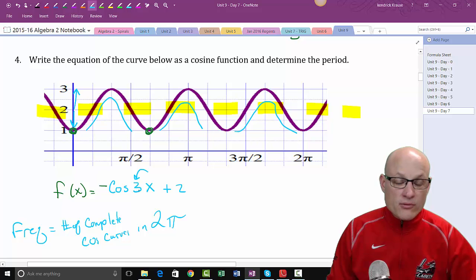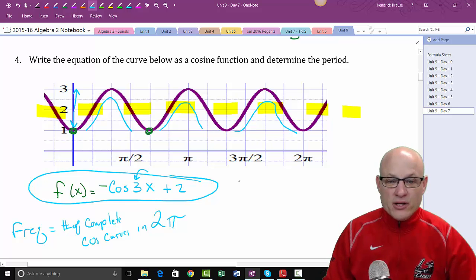So a 3 goes there. There's the function. Now, period is defined as 2 pi over frequency, or 2 pi over b. So 2 pi over 3. There's my period.